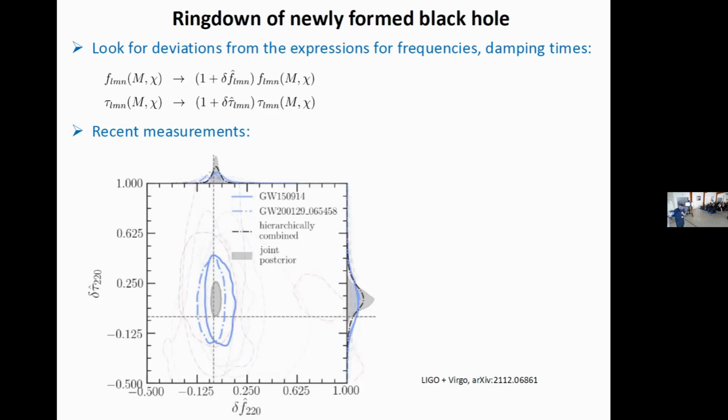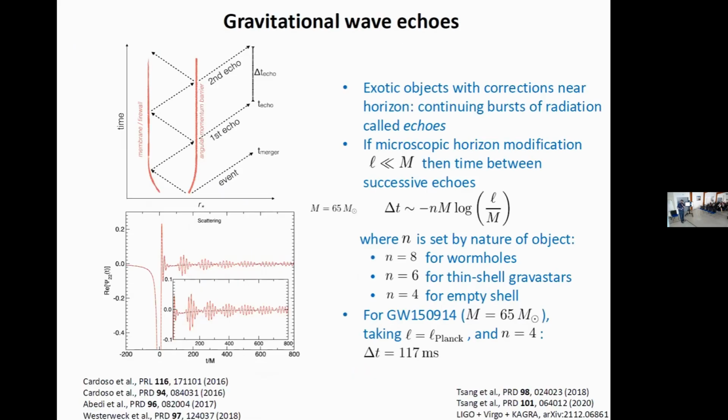Again, this is a 90% probability contour, so we're not even at 2 sigma here. But the accuracy we are getting is on the order of 10% in terms of this frequency and about 10% in terms of this damping time. Again, not yet fantastic, but we're doing interesting stuff.